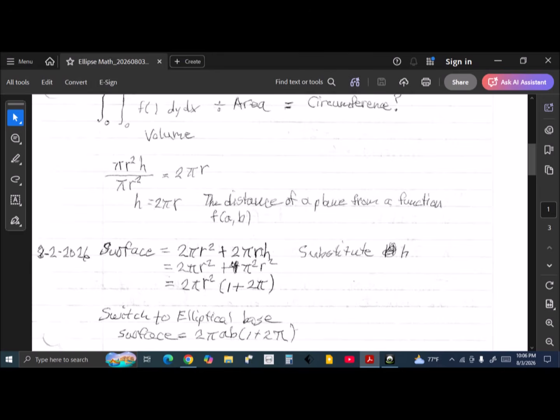That would be the perimeter being unwrapped into a straight line. A straight line would have the length 2 pi r. And then the h would be the vertical side of that figure. Adding all of these together, we get the surface area of a cylinder with a circular bottom.